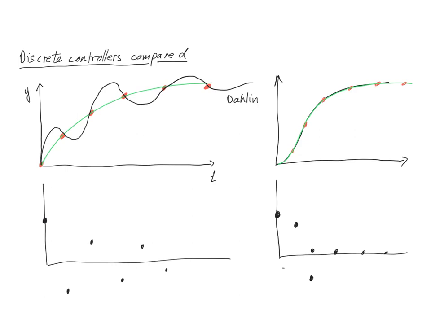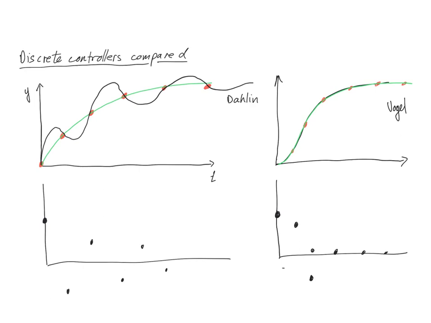Now, both the Dahlin controller and the Vogel-Edgar controller are prototypical controllers. In other words, we have a desired output function and we are solving for the controller that will lead to that desired output function.